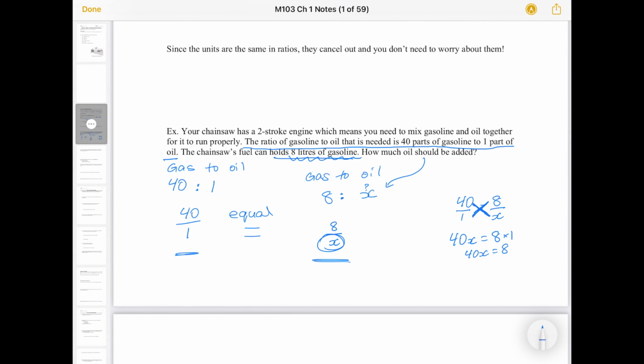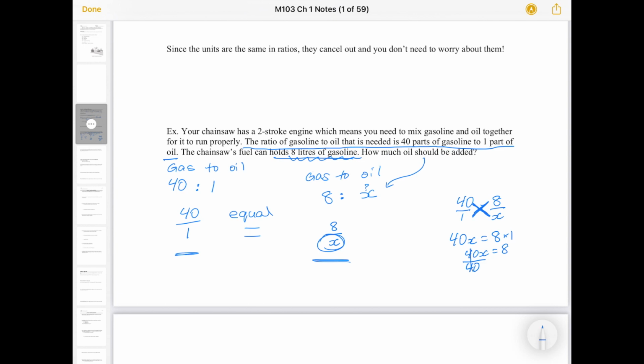I need to find what x is. So I need to solve this one-step equation. So I have 40 times x. Whenever I'm solving, I need to do the opposite of what is happening here. So this is 40 times x. That means I have to divide by 40 because division is the opposite of multiplication.